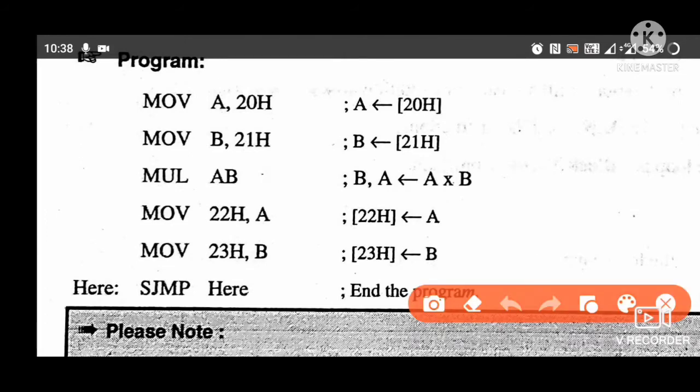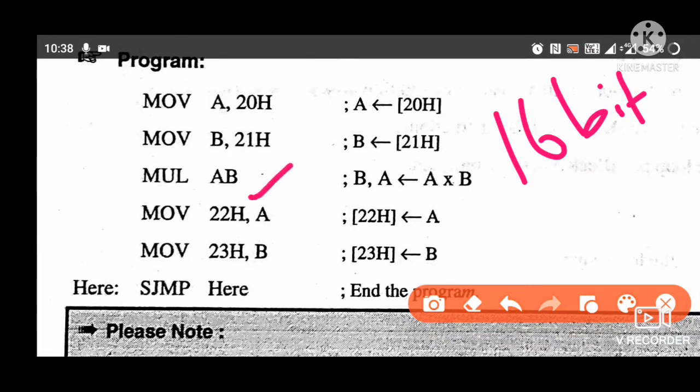Here we are multiplying two 8-bit numbers, so we are going to get a 16-bit result. To store 16-bit data we need two memory locations, because in each memory location we can store only 8-bit data.